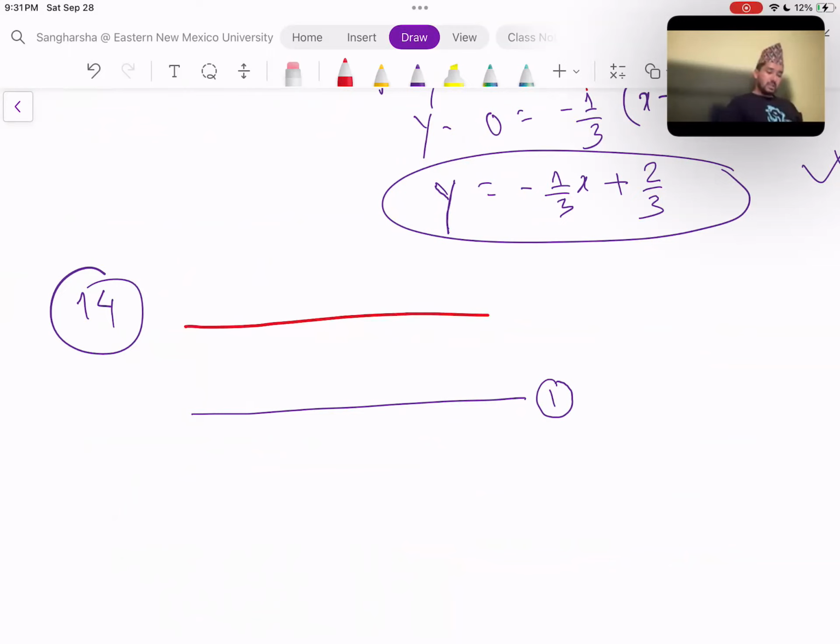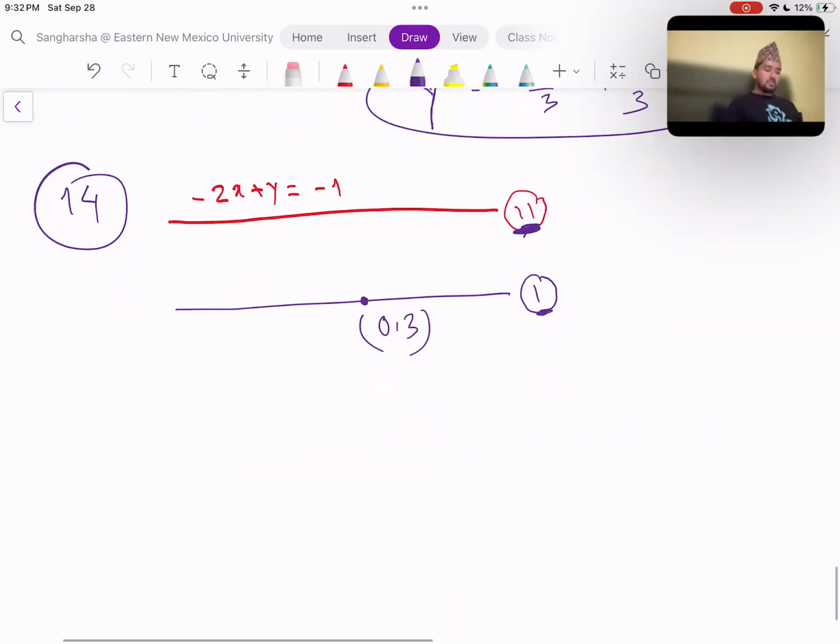Let me call this line 2, and we know the equation of this parallel line: -2x plus y equals -1. It also tells us that our line 1 passes through the point (0,3). So we are finding the equation of line 1, which is parallel to line 2 and passes through the point (0,3).